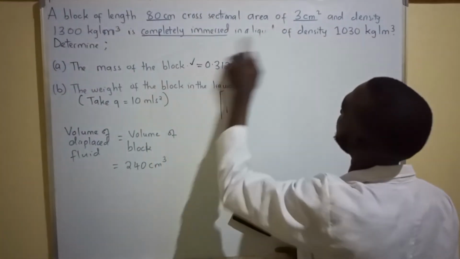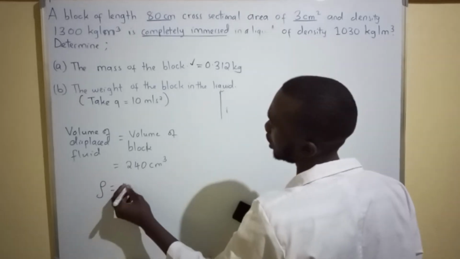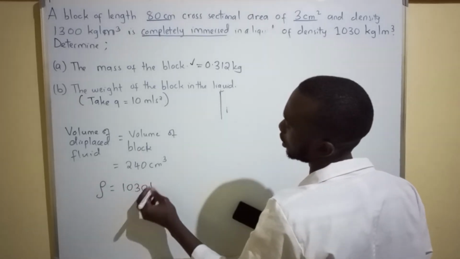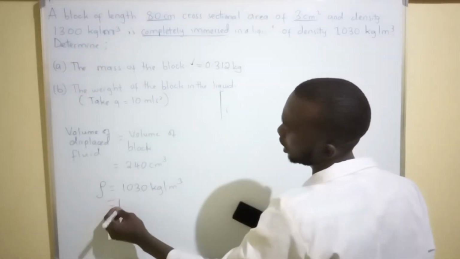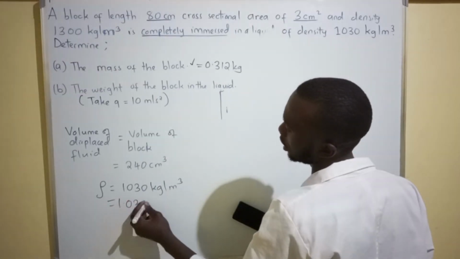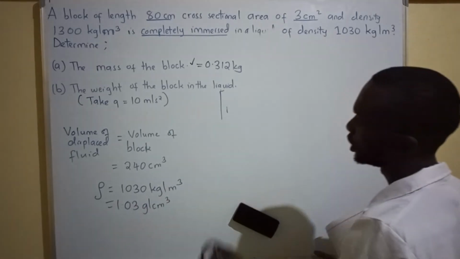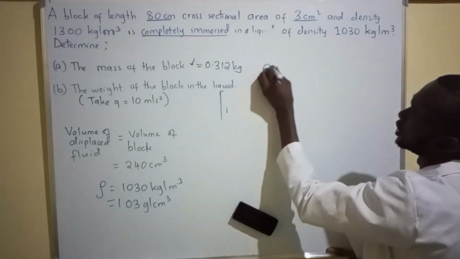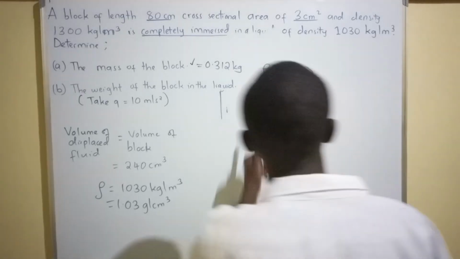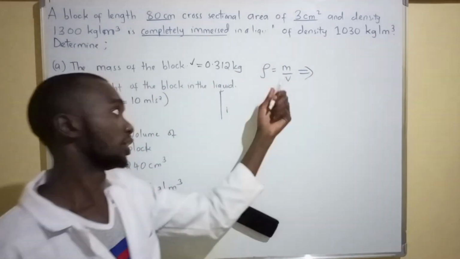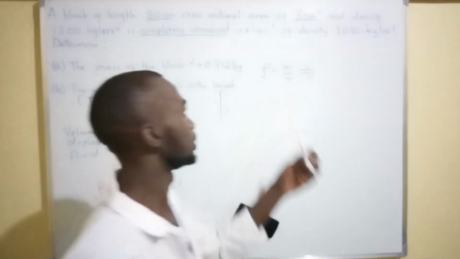Now the density of the displaced fluid is equal to 1030 kilograms per cubic meter, which is equivalent to 1.03 grams per cubic centimeter. Now using density is equal to mass over volume, it implies that mass is volume times density.